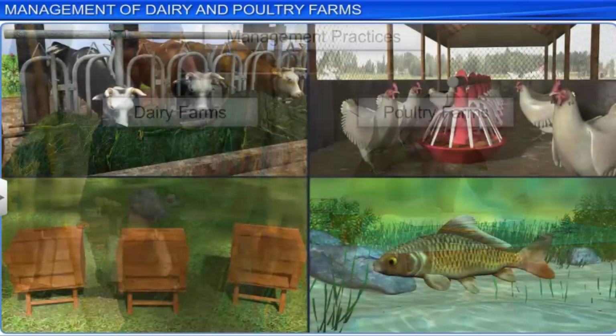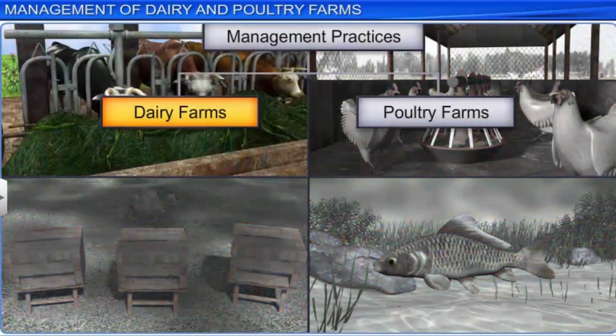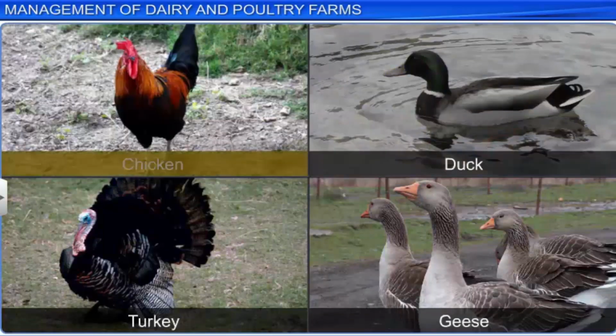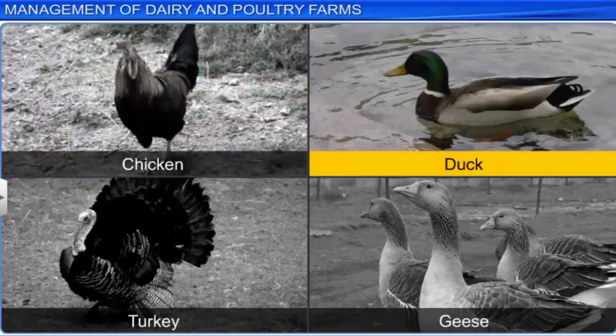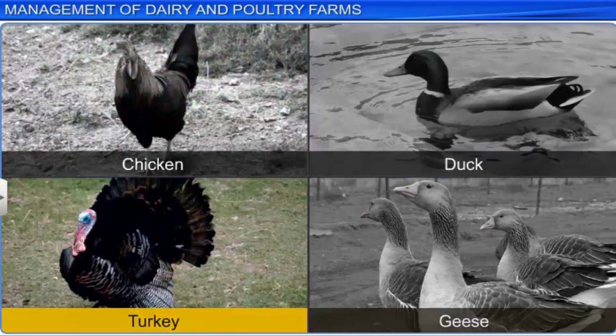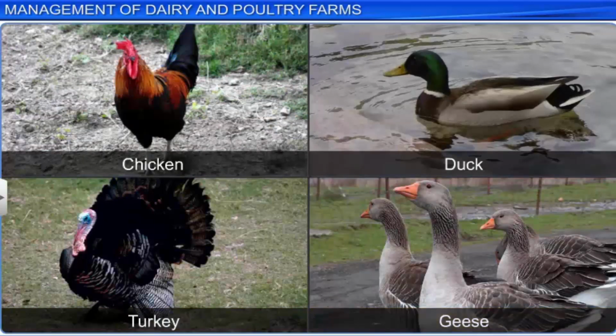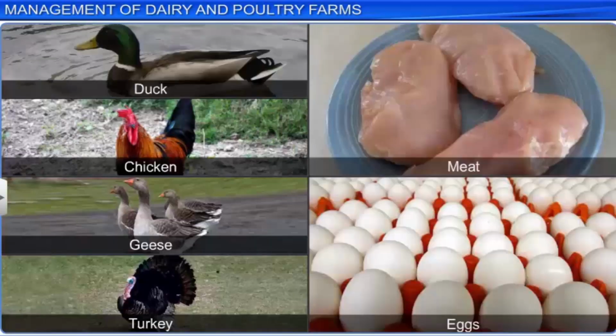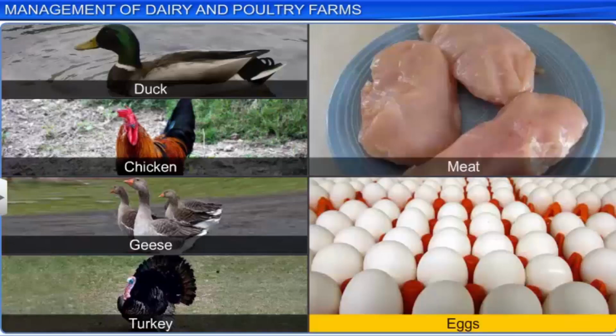Just as dairy farms are used to rear milk-yielding animals, poultry farms are managed to raise domestic fowls or birds, such as chicken, duck, turkey, and geese. These birds are reared for their meat and eggs.